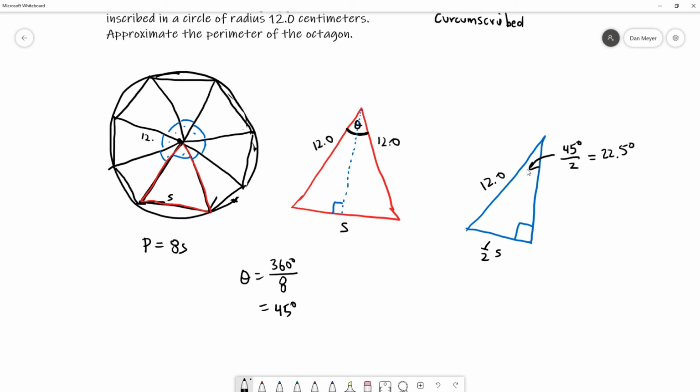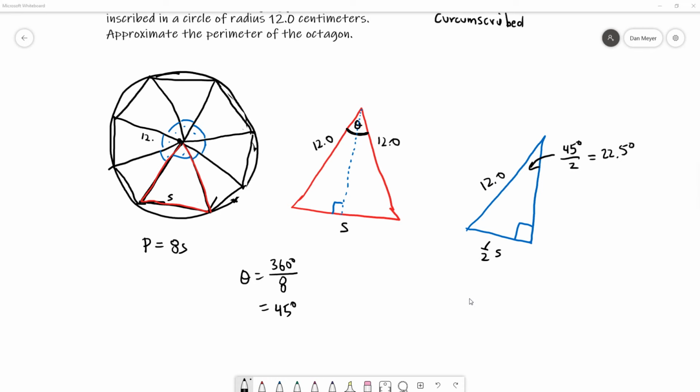So the angle not only gets bisected, but the opposite side gets bisected as well. All right? And now I've got a known angle, a known side, and then another side, and I can relate everything with some trig.